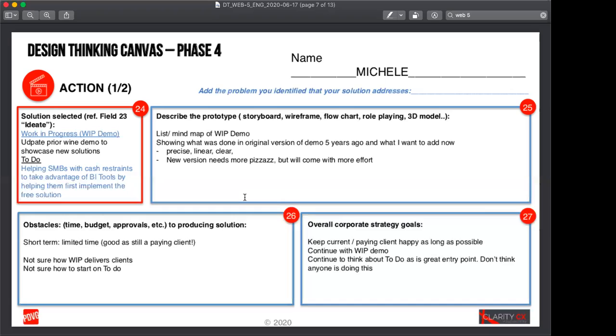Correct. So your clients that you want to sell these services to, you think, okay, by doing this demo and by offering this business intelligence software and your expertise, what problem are you solving for them? Maybe they're not tracking their data properly, or they're not making the most use of their data. No, it's purely functional.